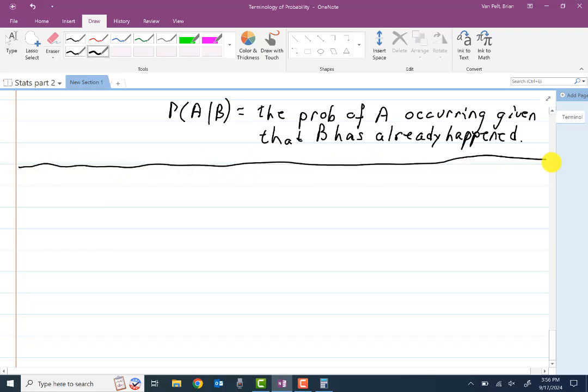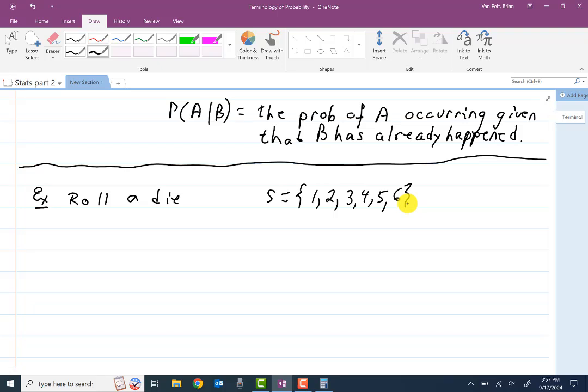All right, next example, I'm going to still roll a die again. So every time you do that, you should at least have handy the sample space. You may not always be able to write it out, but when you can, it's very nice to have as reference.